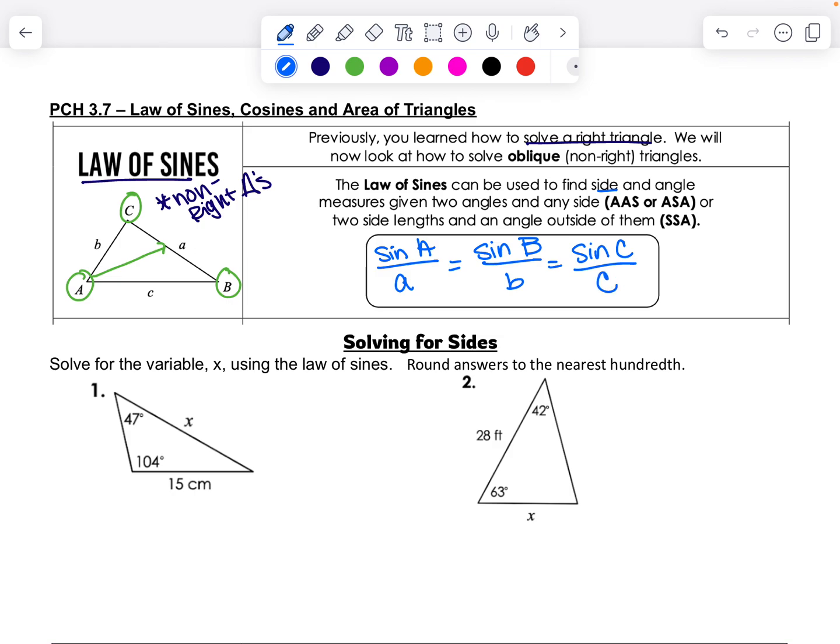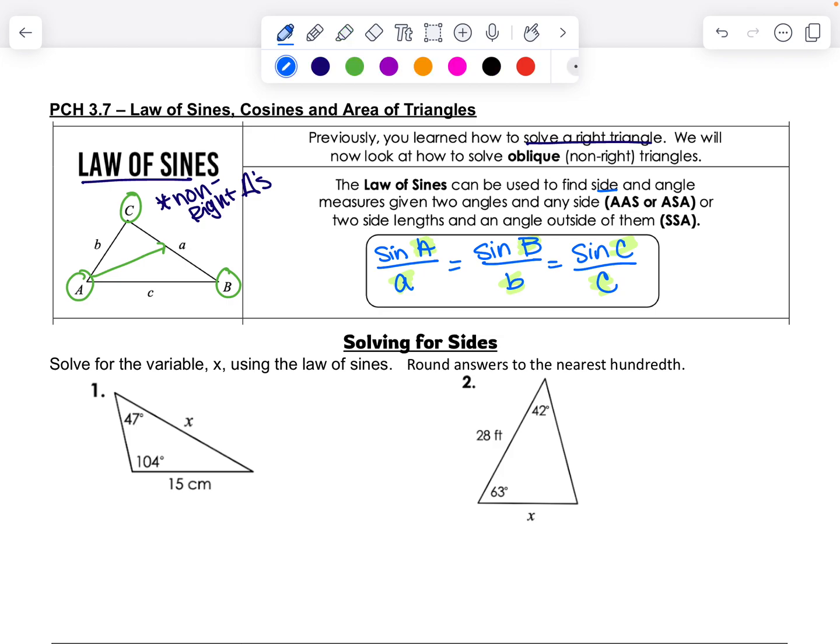So these proportions allow us to solve for those missing sides. One of the things we need to remember is that each of these is set up as angle A, side a, angle B, side b, angle C, side c, so we have to have a pair of an angle and its opposite side.